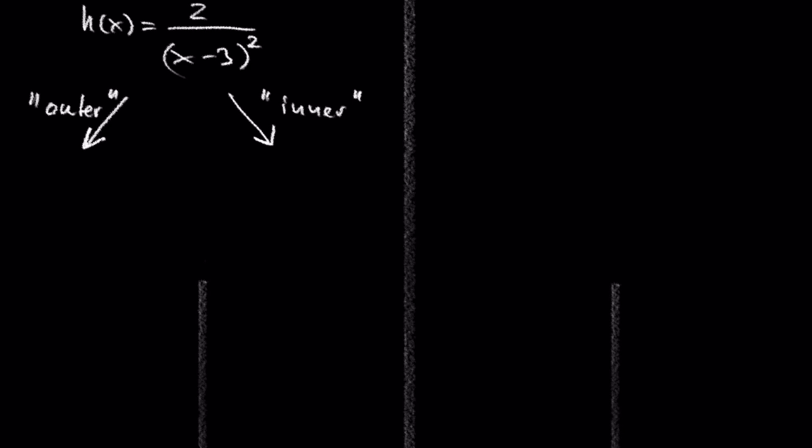One way to write h of x as a composition of two functions is to take the inner function to be g of x equals x minus 3 and the outer function to be f of x equals 2 over x squared.